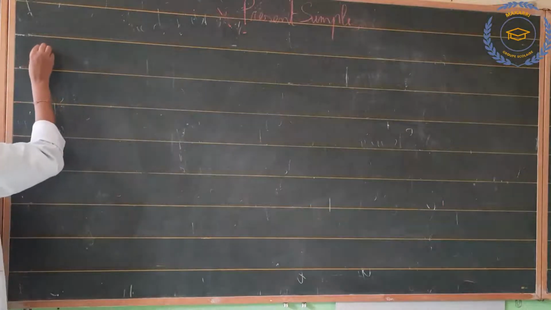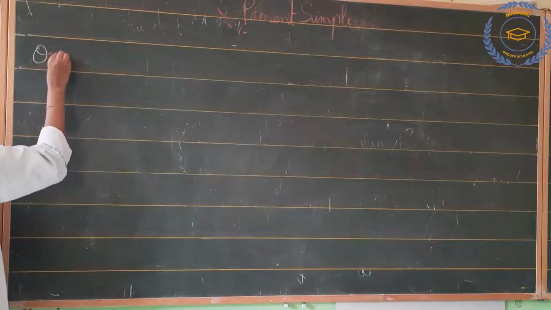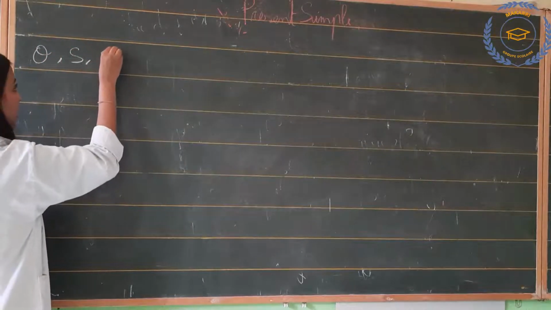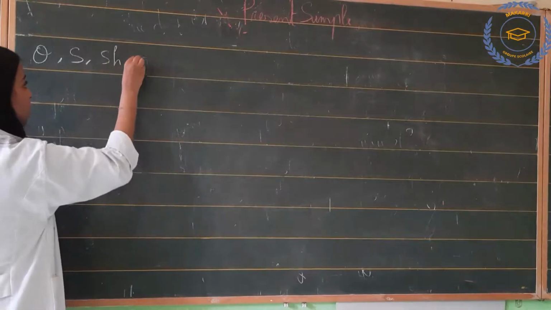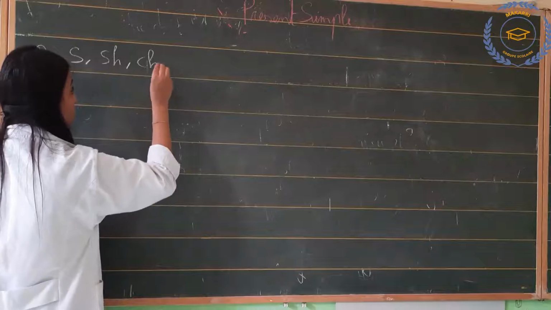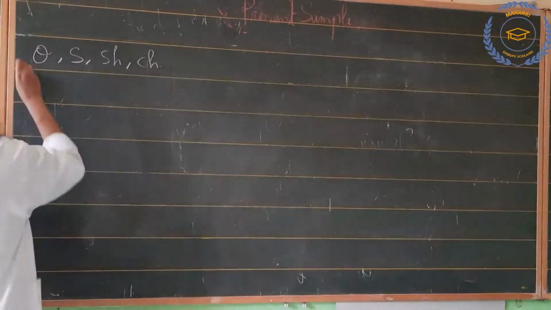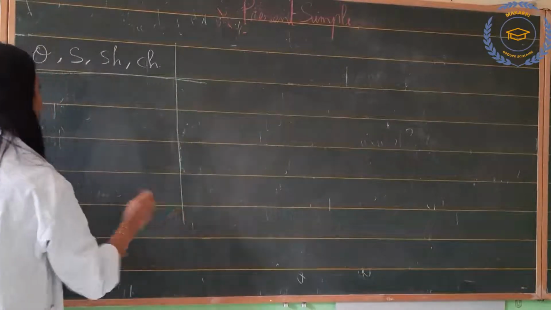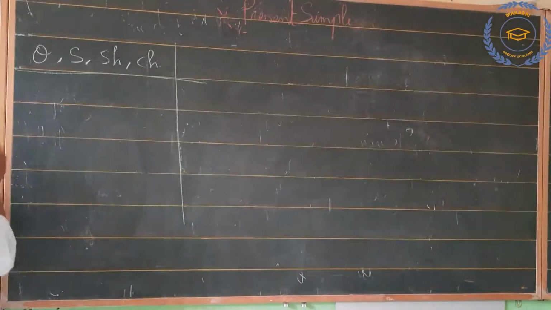If the verb ends with o, s, sh, or ch, we add es.